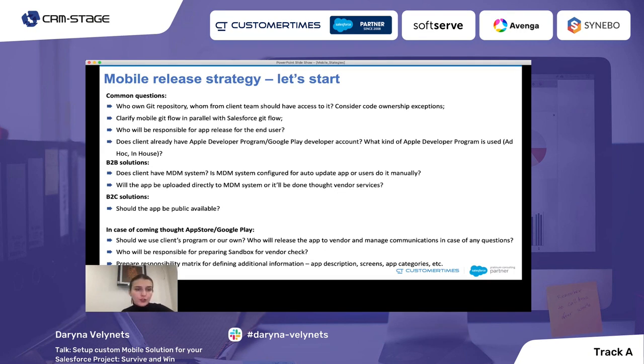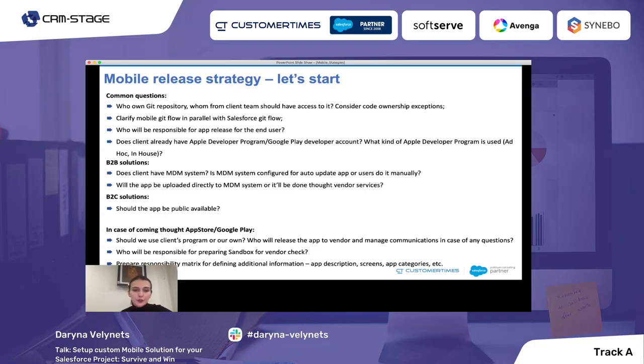So you need to define if it is a B2B or B2C solution. You already know it. And if it is a B2B solution, you need to define if your client has a mobile device management system and how it is configurable, and how your client expects the app to get to the mobile device management system. So in some cases you just put it in some Git branch, and your client will get it.